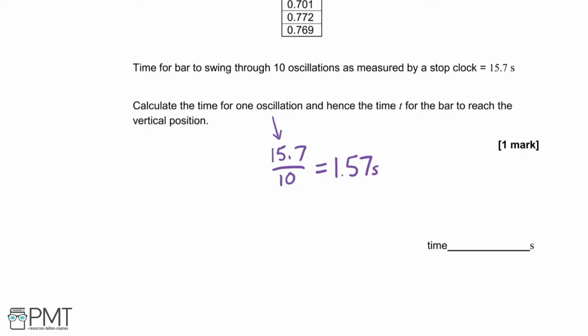So we need to divide this time, 1.57 seconds, by 4, and that's actually the time taken for the bar to fall to the vertical position. So we end up with 0.3925 seconds. I'm going to round that to 0.393 seconds so that it's to 3 significant figures, the same as the value that's given to us in the question.